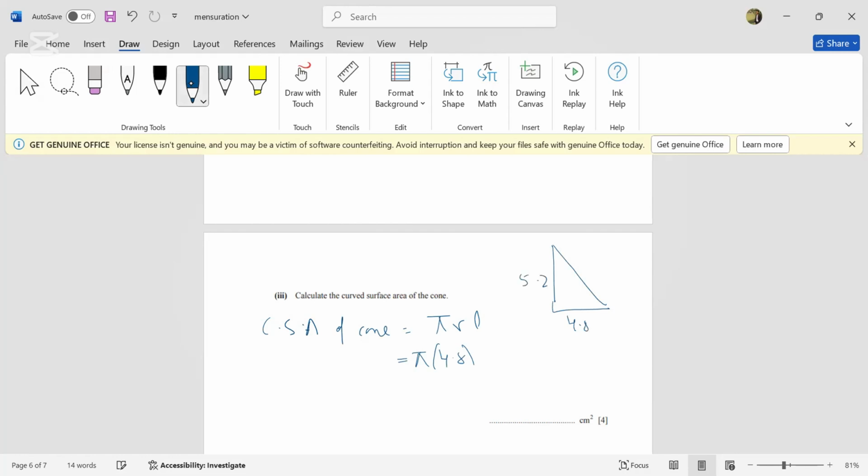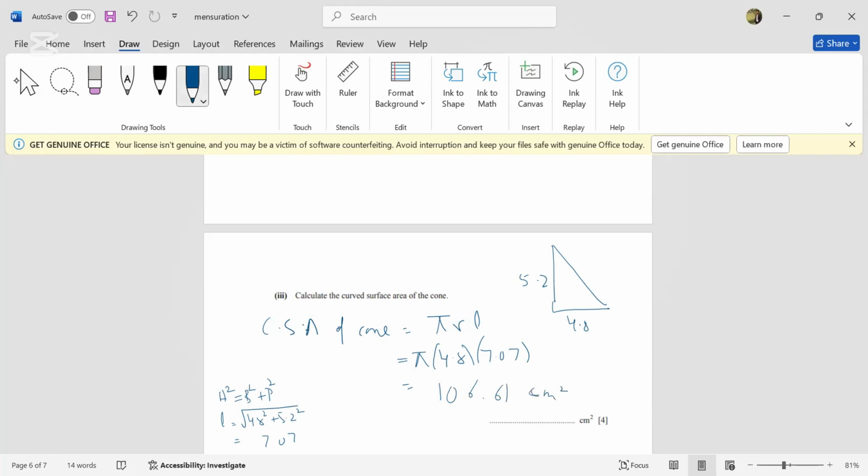We are going to use Pythagoras theorem to get this. 7.7, so the answer is 106.61 centimeters square.